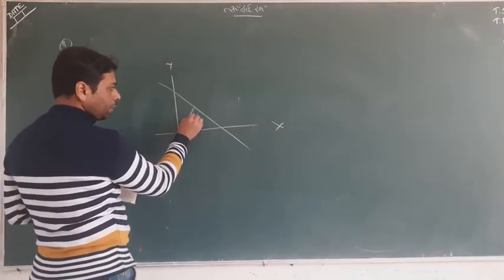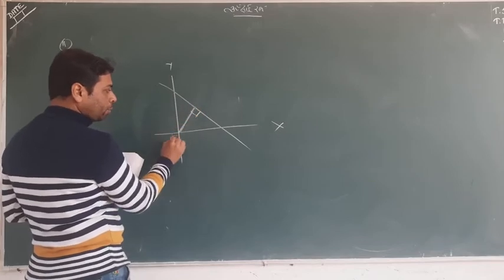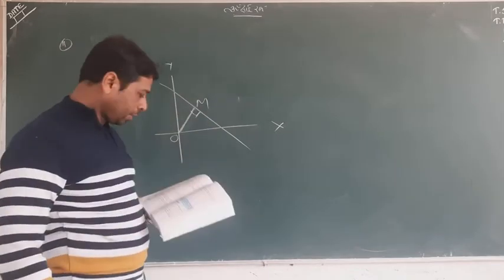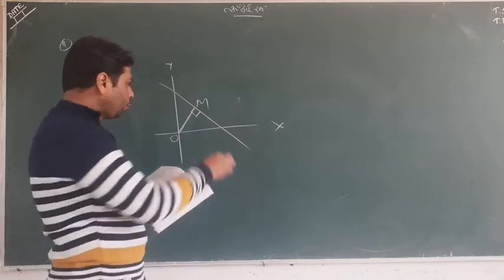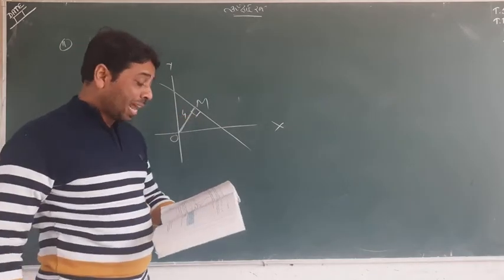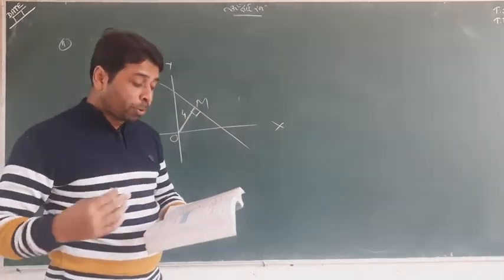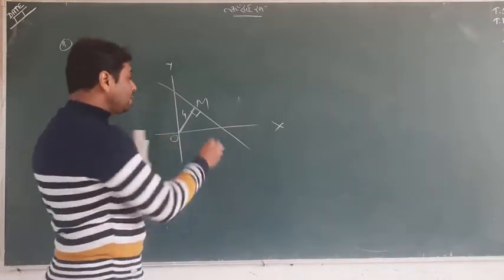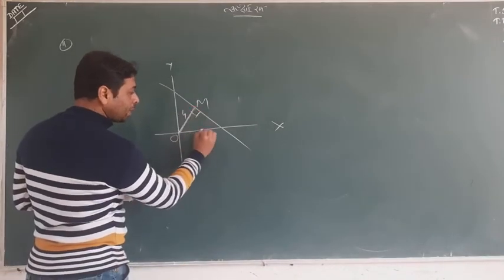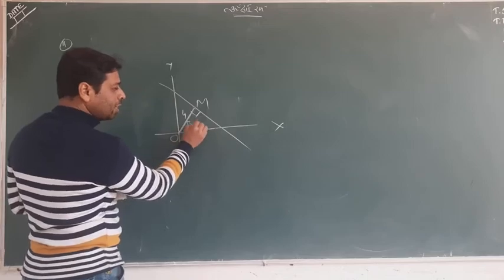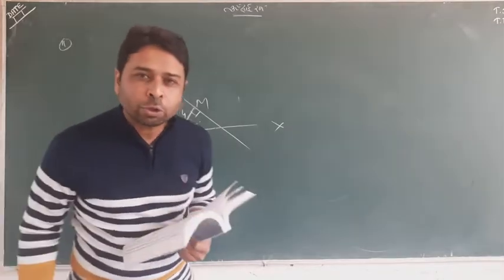This is the perpendicular distance of the line from the origin, and it is given here as 4. And the question says the angle which the normal makes with the positive direction of the x-axis is 15 degrees. That is called the normal, and this is the positive direction of the x-axis. This angle is given as 15, which is actually alpha.